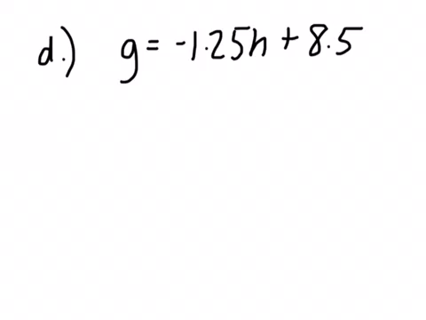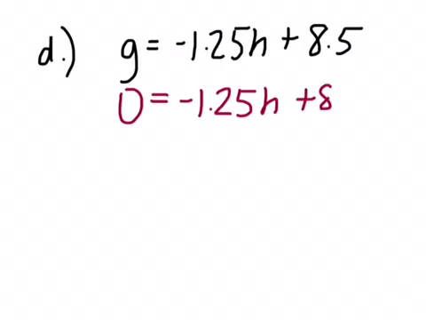So here's our equation, and again, we want to know when we're going to run out of gas, which means we're going to have 0 gallons. So let's set our equation equal to 0 and solve for H. We're going to get H all by itself. The first thing we're going to do is subtract 8.5 from both sides.